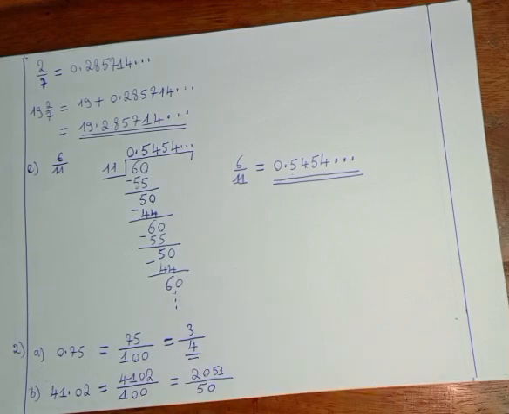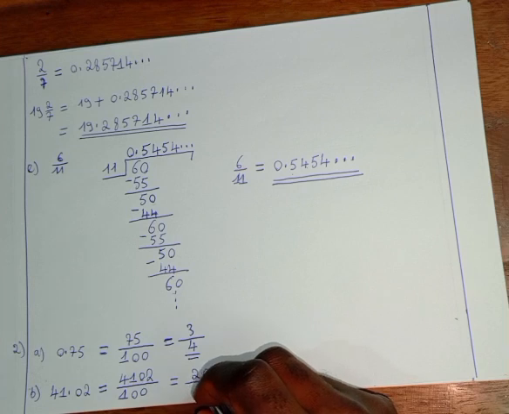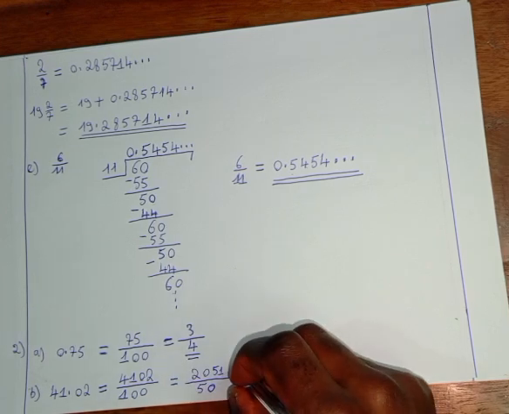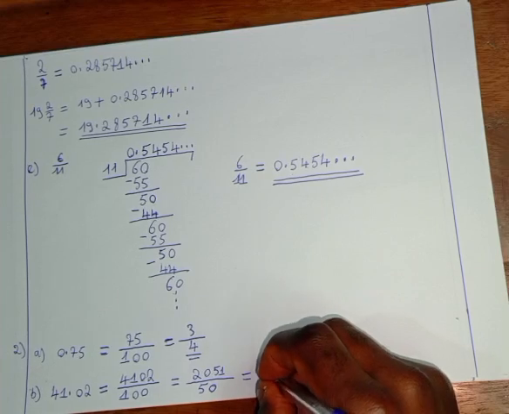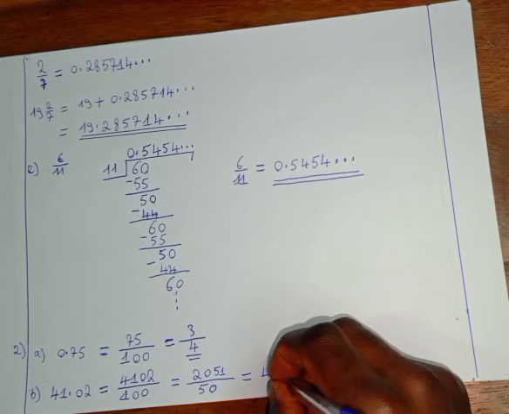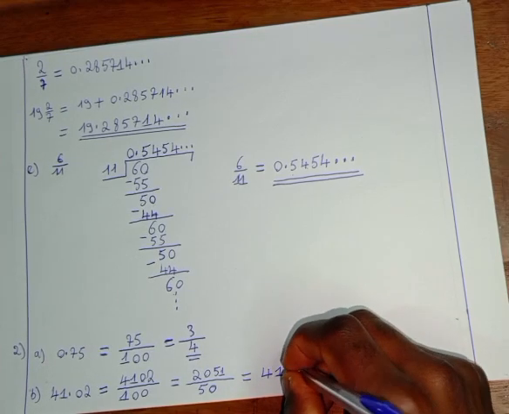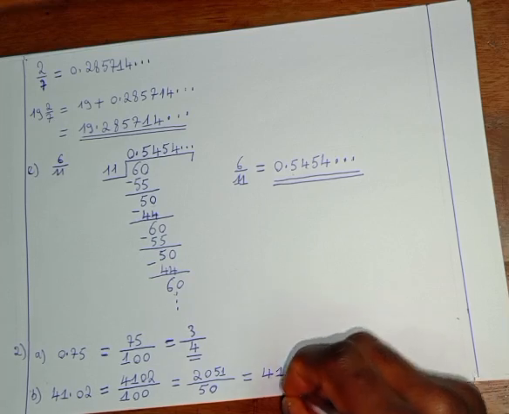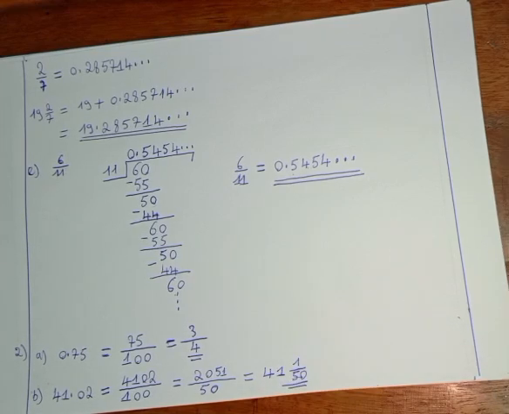Next, if we are to express 2051 over 50 as a mixed fraction, if you divide 2051 by 50, the whole number part will simply be 41. Remainder 1 over 50. So this will be the result.